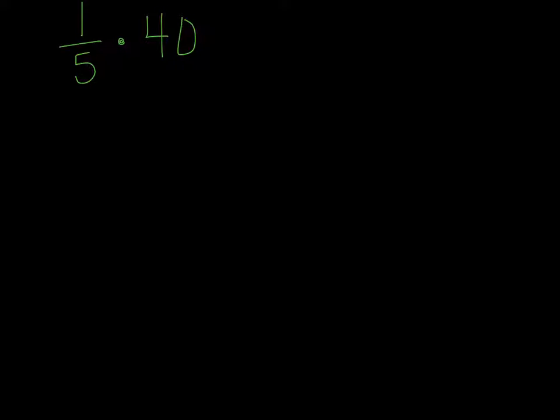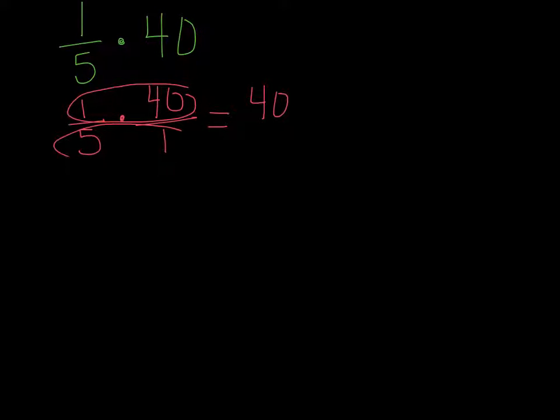We also know that when we do the computation to solve this problem, we can rewrite it as 1/5 times 40 over 1, because 40 over 1 would be the same as 40. And when we have a problem like this, we can simply multiply the numerators. 1 times 40 would be 40, and 5 times 1 would be 5.